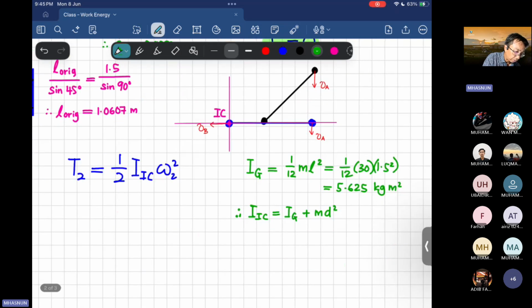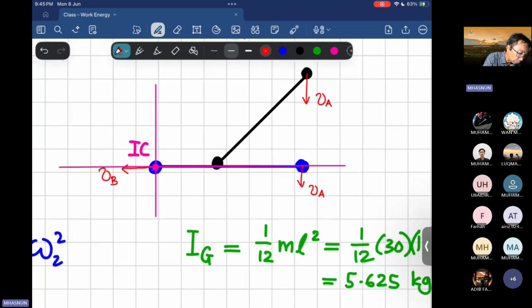And what is the value of d here? d is basically distance dari IC ke G. So, dekat mana pada position yang kedua ni, dekat mana point G? Point G is basically in the middle lah.